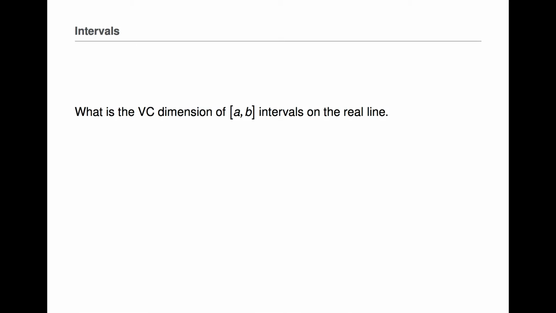What's the VC dimension of hypotheses that are of the form of the interval from a to b? You should remember that this is the same form that we used for our Californian temperature hypothesis. What is the largest set that can be shattered by this hypothesis? Well, it's fairly clear that 2 points can be shattered.